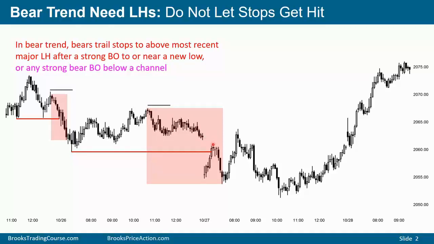Now, is this a major lower high? We broke strongly to a new low. Some traders would consider this a major lower high and they'd put their stop above. And if they got stopped out, they would sell on the reversal down. When you have a sell-off that has repeated reversals, a lot of traders go all the way back and label this as a real major lower high.